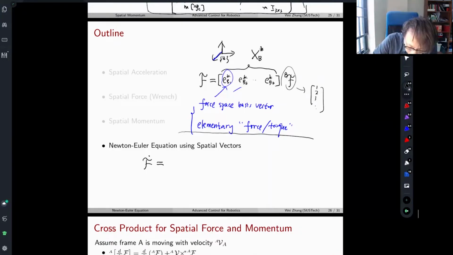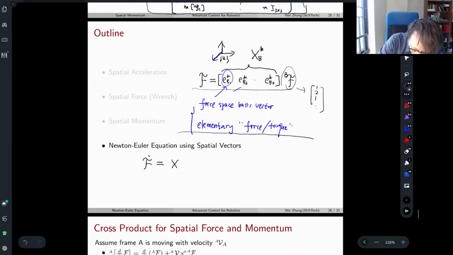I didn't say I express this in O or in A, it doesn't matter. These are just physical vectors, elementary force vectors representing elementary forces or torques. So based on this formula, you get F dot equals X_B star dot times F_B plus X_B star times F_B, the whole thing dot, right?